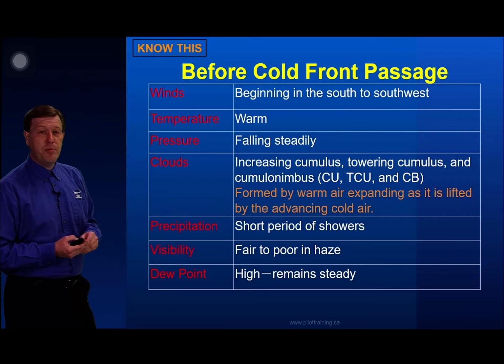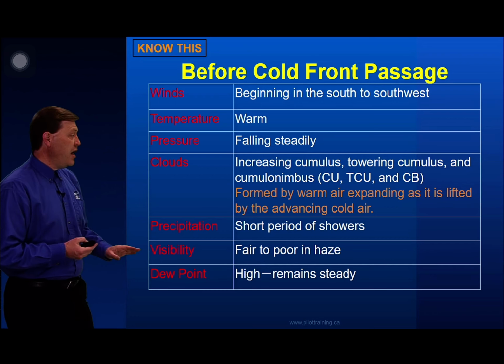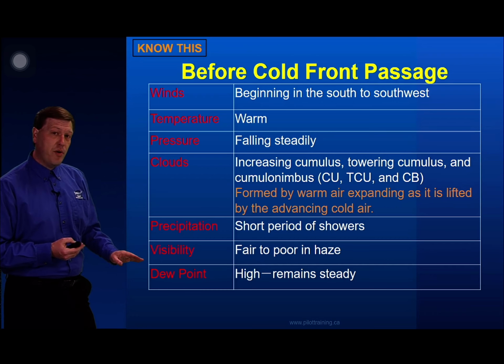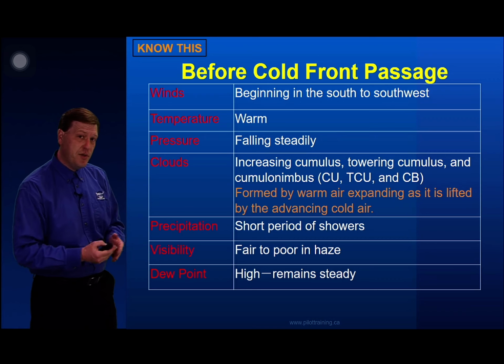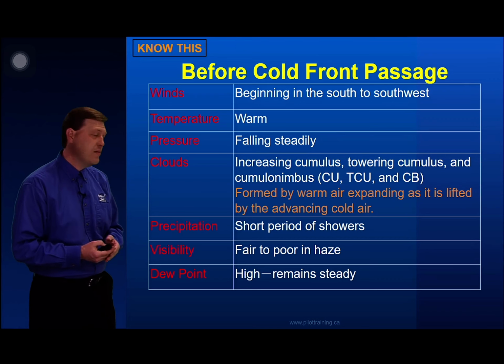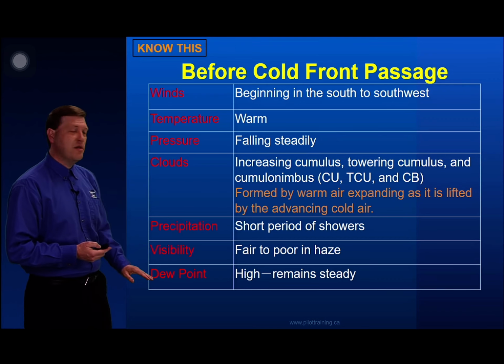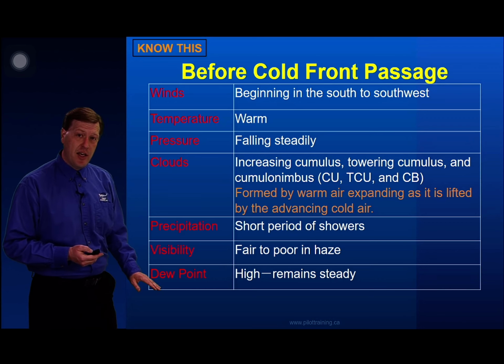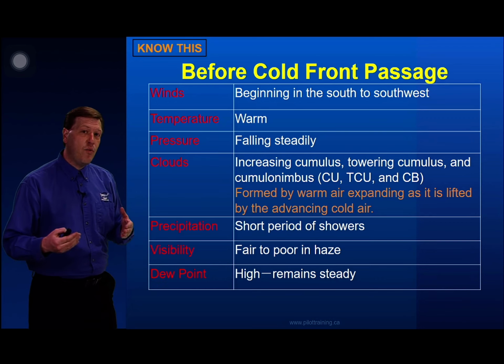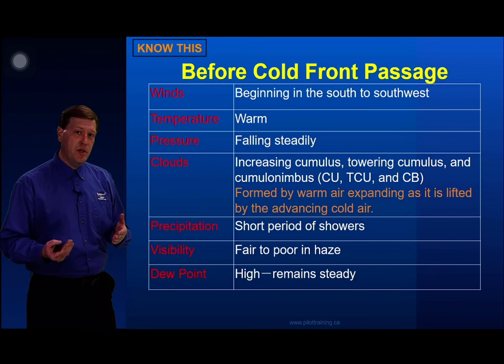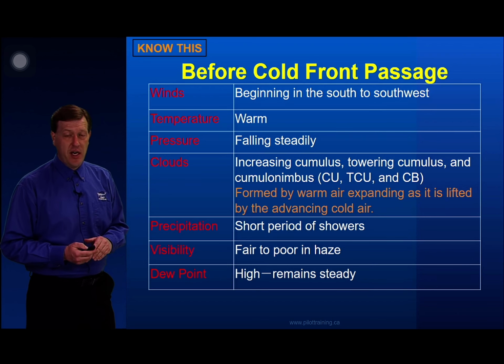Precipitation, short periods of showers, and visibility will be fair to poor in haze, just as you saw with those two cities ahead of the front, right? Dew point, that's going to be very high. Right now, we are in the warm air mass zone, so the dew point is going to be very, very high.